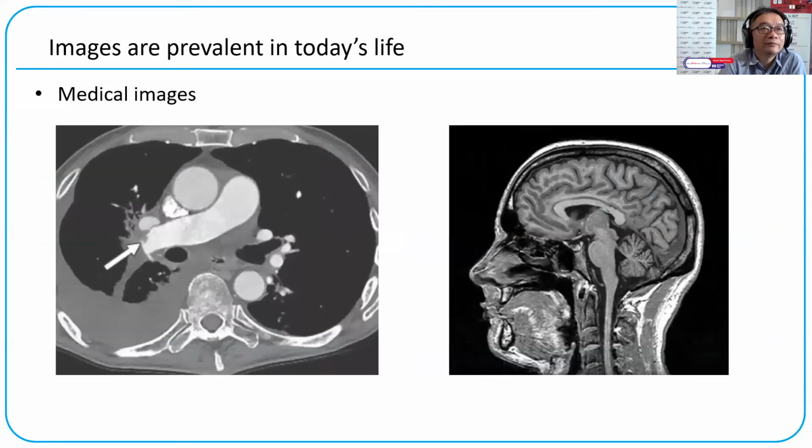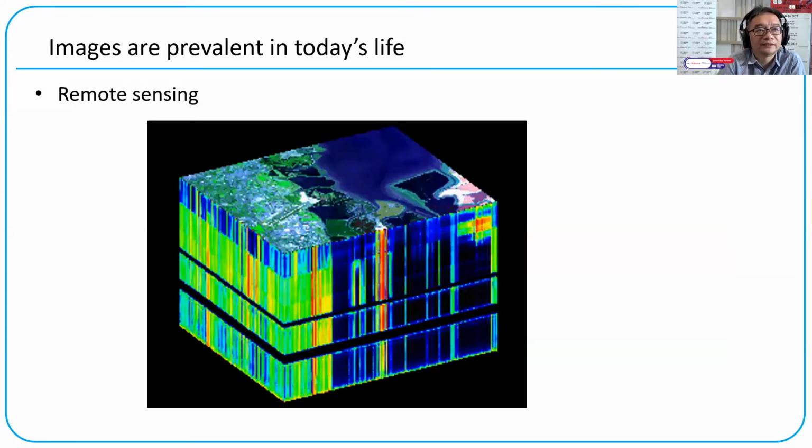Also in medical imaging, you need to boost the resolution and reduce the noise so the doctor can better examine or diagnose your health based on these images, as well as in so-called remote sensing.